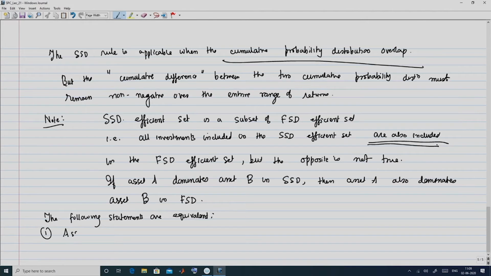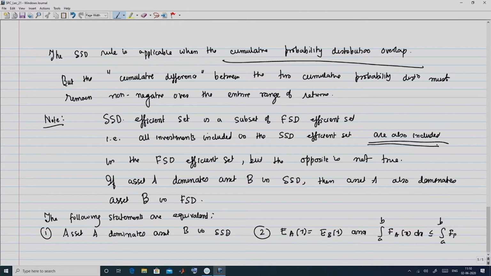The first statement is that asset A dominates asset B in SSD. Secondly, E_A of R is equal to E_B of R and the integral from a to b of F_A of x dx is less than or equal to the integral from a to b of F_B of x dx, where R lies in the range a to b.